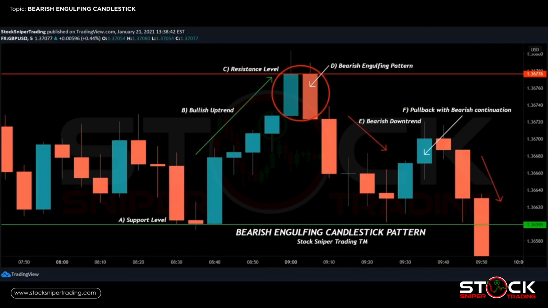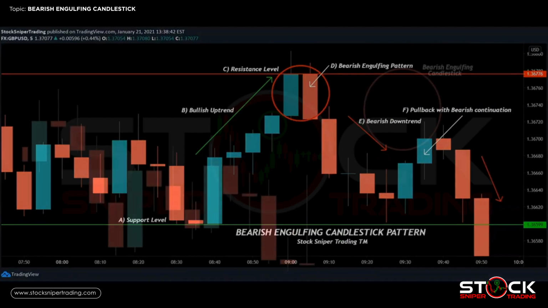And F, we have a pullback with bearish continuation. So we have some buying momentum, but we have more selling pressure as it continues with its downtrend. And this was all started with identifying the bearish engulfing pattern at a level of resistance. Let's take a look at how it looks in a video format.